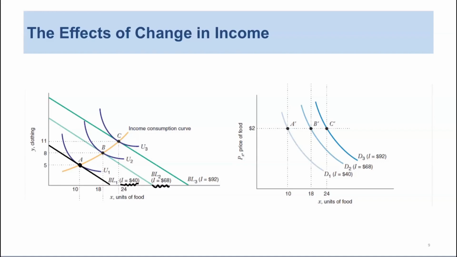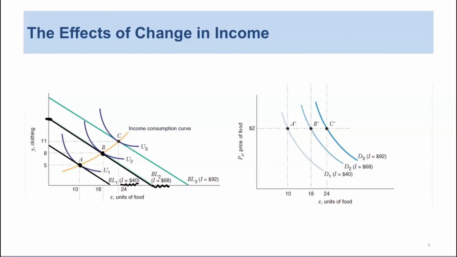Since the prices are equal, and since the slope of the budget line is the relative ratio of these two prices, the slope of this budget line remains the same, but at the same time, the Y-axis intercept increases because income increases. We can draw this second budget line, and under this second budget line, B is the utility maximizing point, and we know why this must be the case.